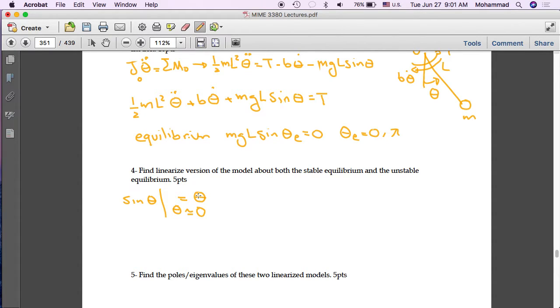So theta must be in radians. And the same thing when sine theta, the same term that is causing nonlinearity, when theta is approximately equal to pi, with a bit of manipulation, you can show that sine theta can be approximated as minus theta.